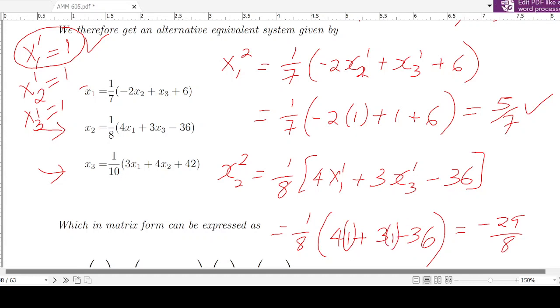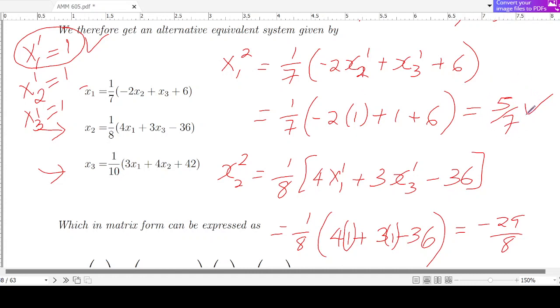Now, the idea of the Gauss-Seidel is that if we have already computed a value which is assumed to be a better approximation of x1, we had an initial approximation, yes, but we have computed another value here which we assume to be a better approximation.